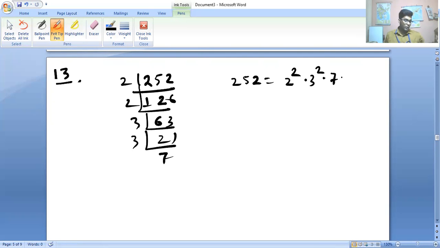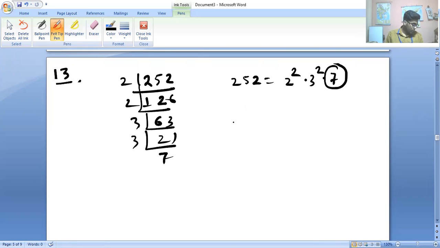Now read the question carefully. What number should we multiply with 252 to get a perfect square? Now, as you can see, this 7 does not have a pair. So if I multiply it by 7, it becomes a perfect square.